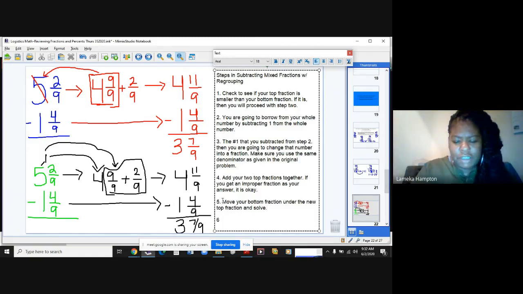And then step 6, this is actually optional. Simplify your fraction or convert your mixed fraction if need be.